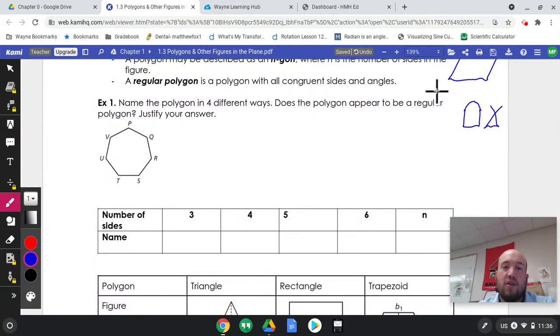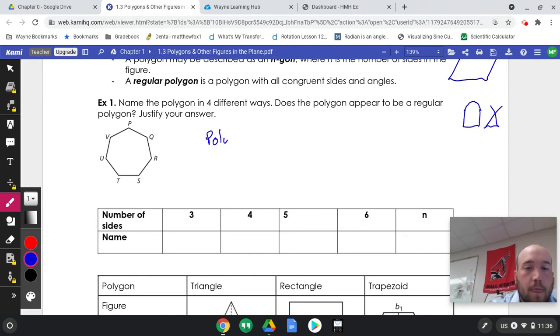Okay. Now, when we are naming a polygon, we can just choose any point on the edge, and then we just trace around it. So, for example, if I start with point V, I could do VPQRSTU or VUTSRQP. Either one of those would be fine. It doesn't matter which way you go. The key is you go in order.